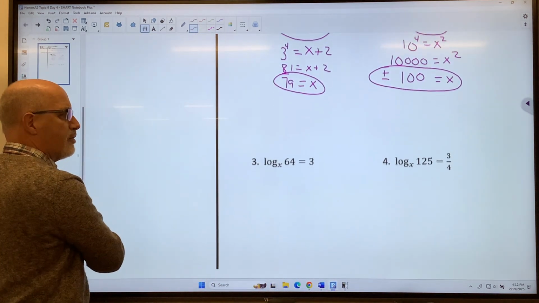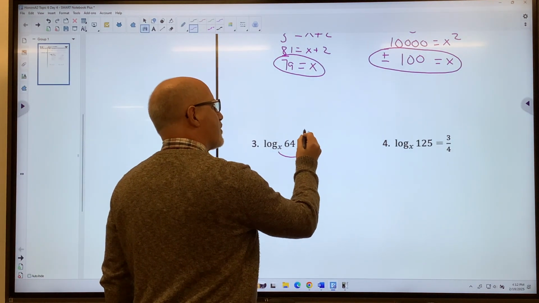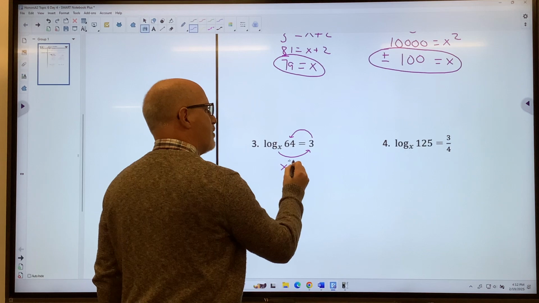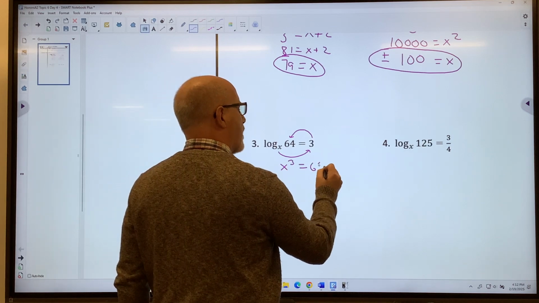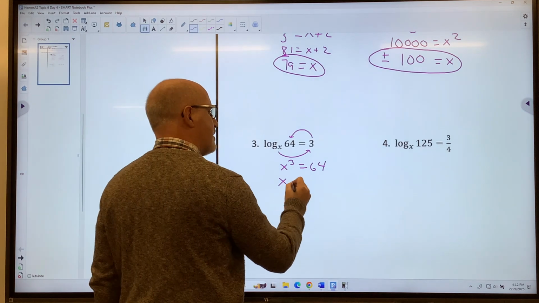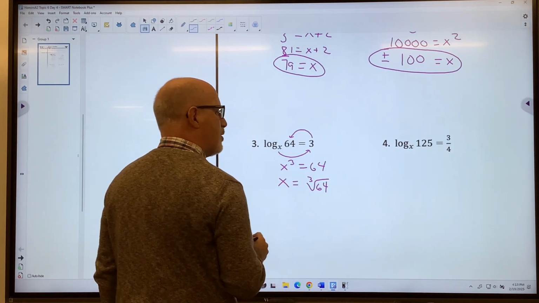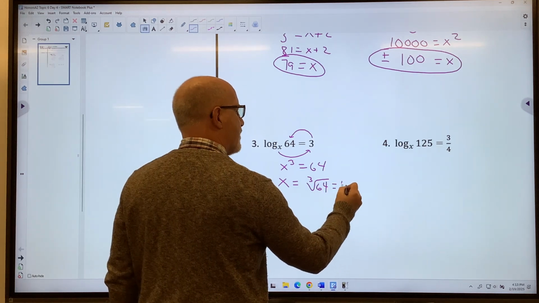Let's go to these two. This one we're going to do the same idea of doing our circle tool. So x cubed is going to equal 64. To get rid of the cube, we're going to take the cube root of both sides. So the cube root of 64 is just equal to 4.